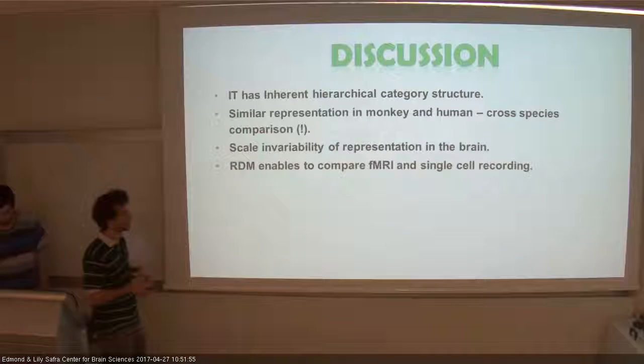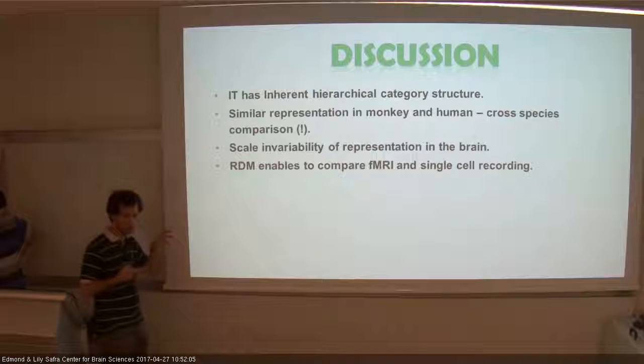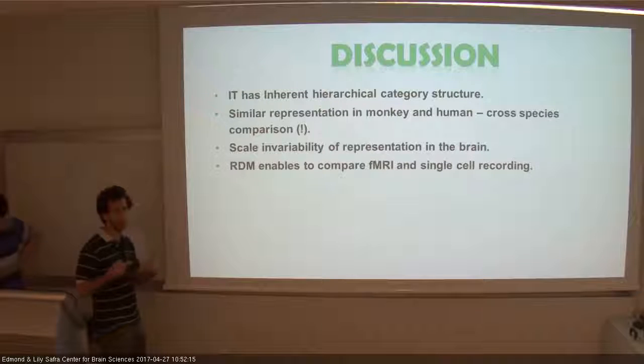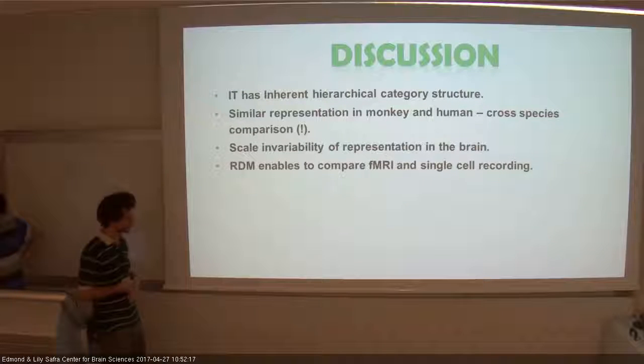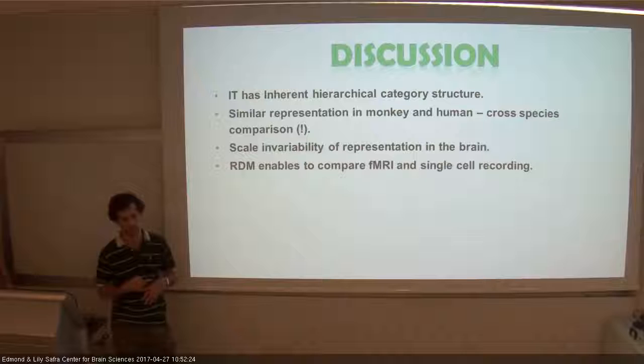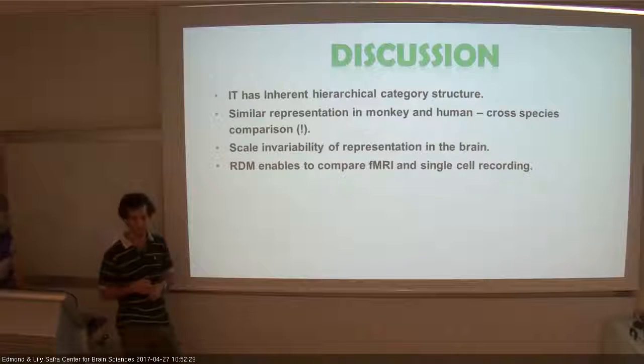And regarding innate or not, the main hypothesis is that evolutionarily the IT was optimized not necessarily for the specific categories of animate versus inanimate, but more to have the capability of being category specific, and then it's possible that these explicit categories were learned over time. And I think, if there are any questions.